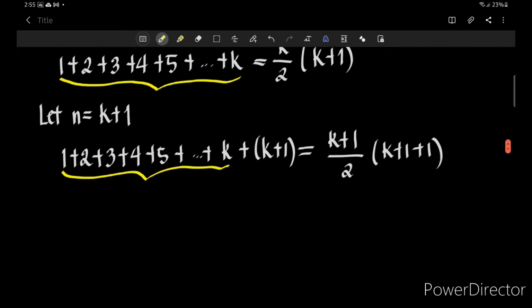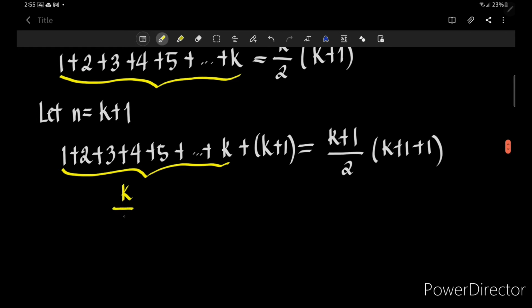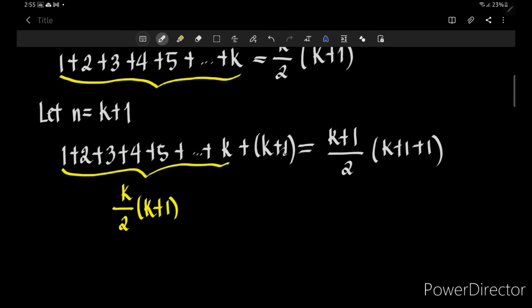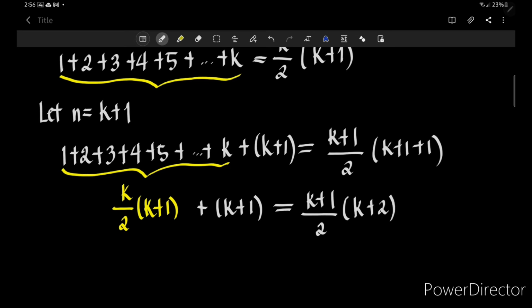So, pwede natin palitan yan, yung part na to, as k over 2 times k plus 1. Now, meron pa tayong plus k plus 1. So, idudugtong lang natin yun. Okay? And that is equal to k plus 1 over 2 times k plus 1 is k plus 2.